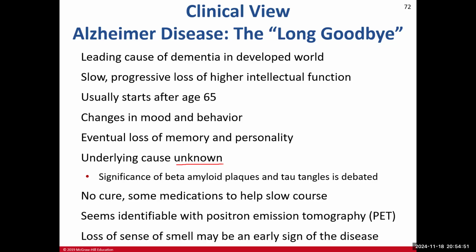Still up in the air. I haven't seen anything conclusive. There was a study I read last year suggesting certain antibiotics can help treat Alzheimer's, but again, we're still out on that.